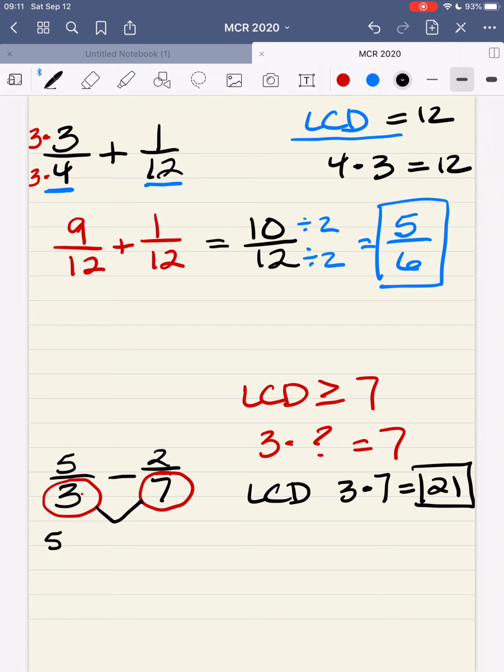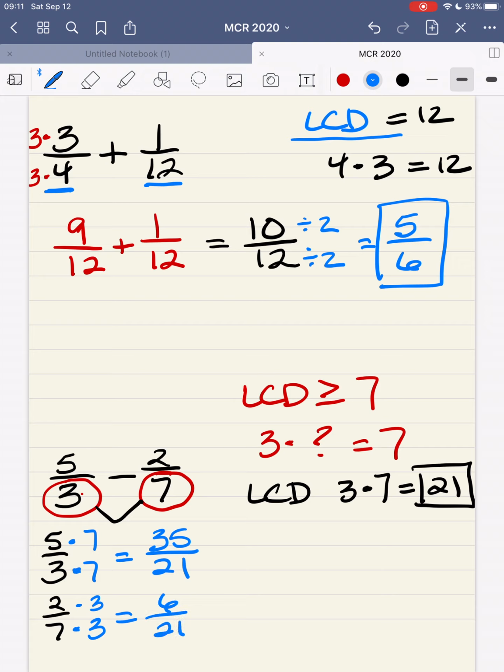So my 5/3, I need to multiply the top and bottom by 7, which gives me 5 times 7 is 35/21, and that's my equivalent fraction. Now for my 2/7, I have to multiply top and bottom by the 3, which gives me 6/21.